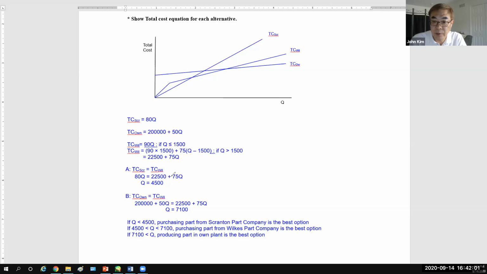Then simplify for Q, then Q equals 4,500. And then on this point, TCW equals TCO. So TCO is 200,000 plus 50Q equals TCW, 22,500 plus 75Q. So simplify for Q, then Q equals 7,100.